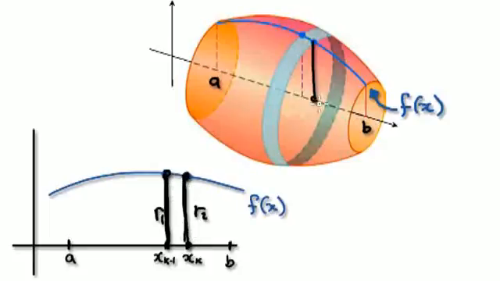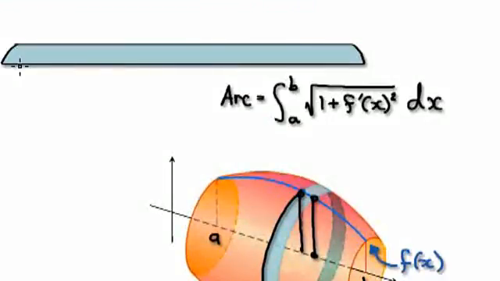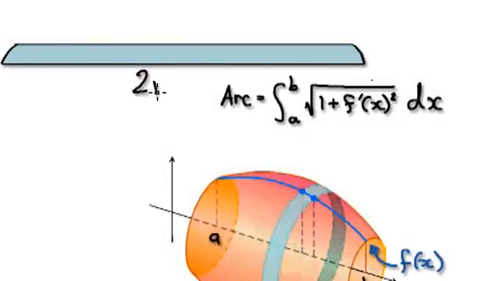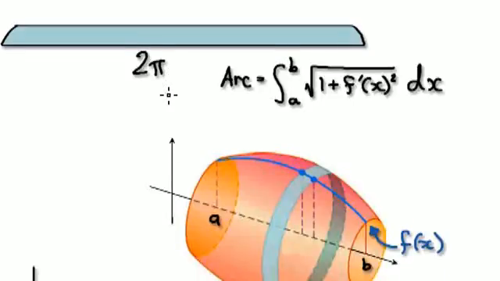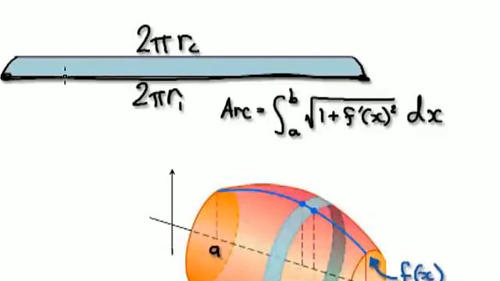So when you rotate this around, when you 2 pi r it, this length here will be 2 pi times the longer length, which is R1, and this here is your 2 pi R2, the shorter radius.